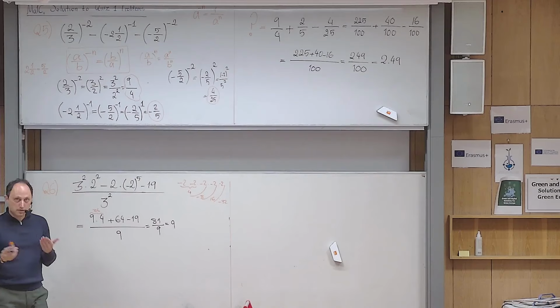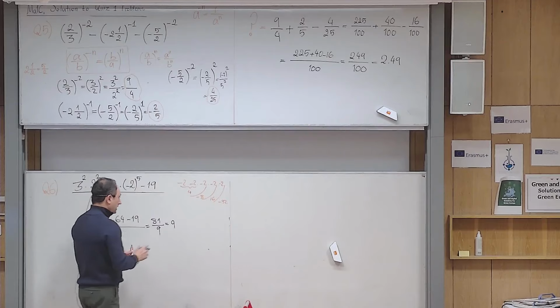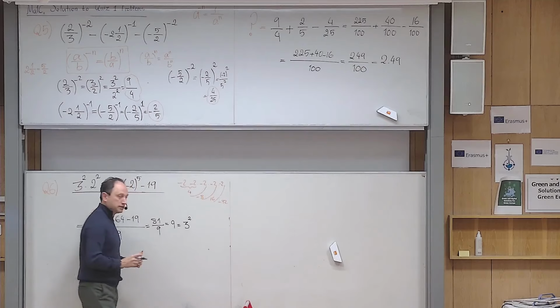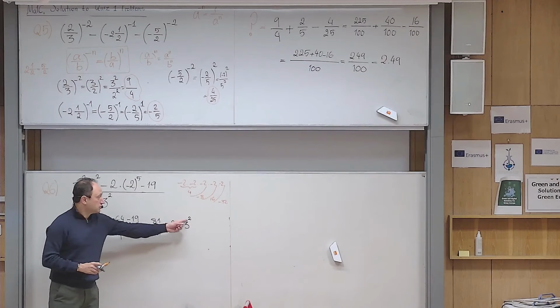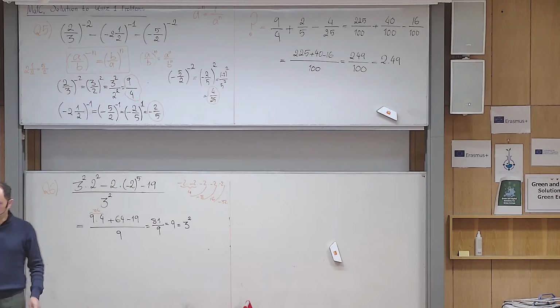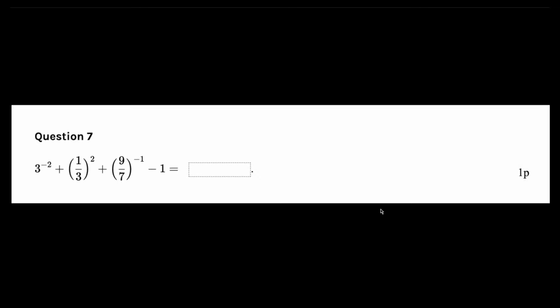But 9 is the correct answer, but the problem is I want you to put this as a single power, and the only way to do it as a single power is to write it as 3 squared. But then what I should type is the exponent. So you need to type only 2 in the empty box, yes? Because it is mentioned that we want to find the exponent. Okay, good enough. So let us go to the next question.